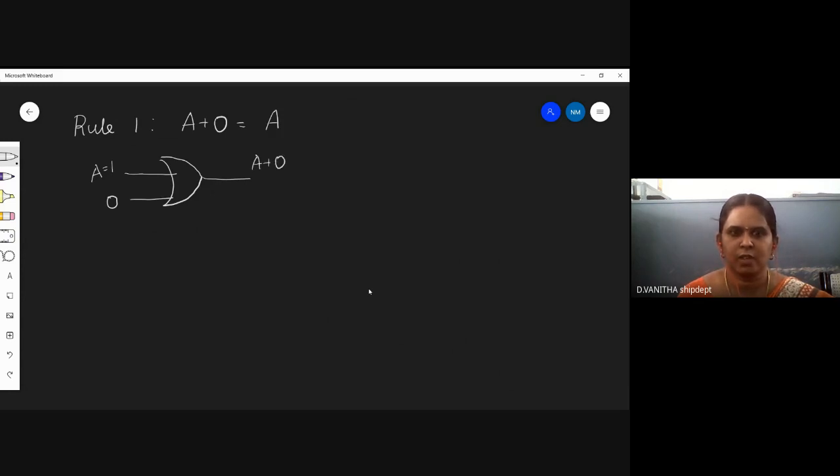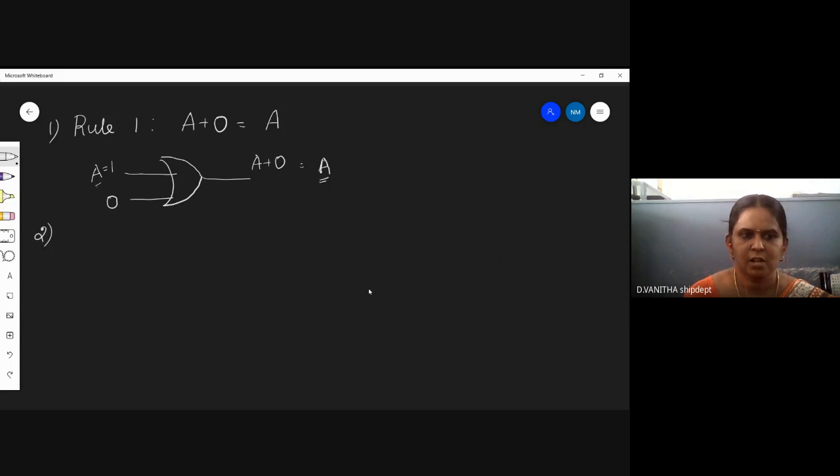So if A is equal to 1, we are getting the output equal to 1. If A is equal to 0, we are getting the output as 0. So here the output and A both are the same. So A plus 0 is equal to A. That can be proved by using the logic gate.